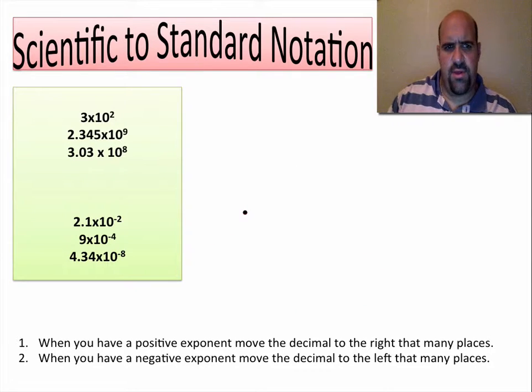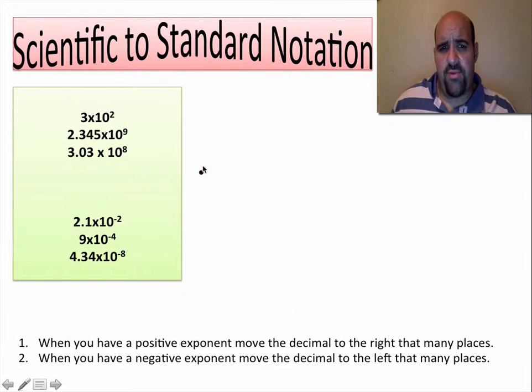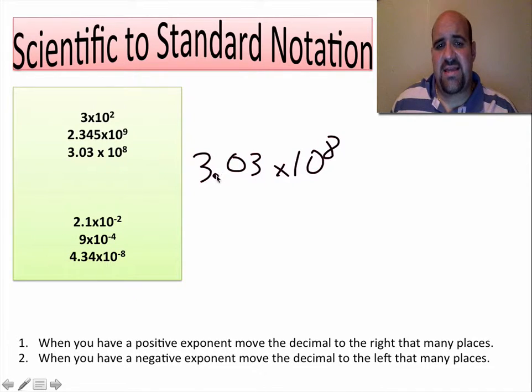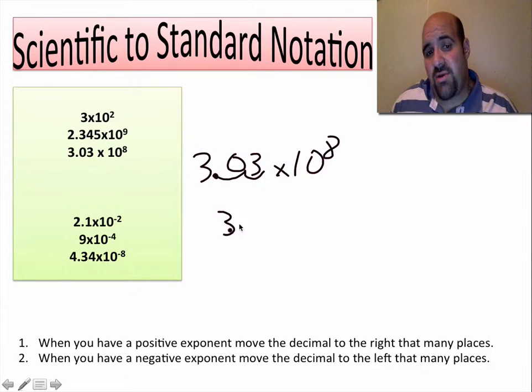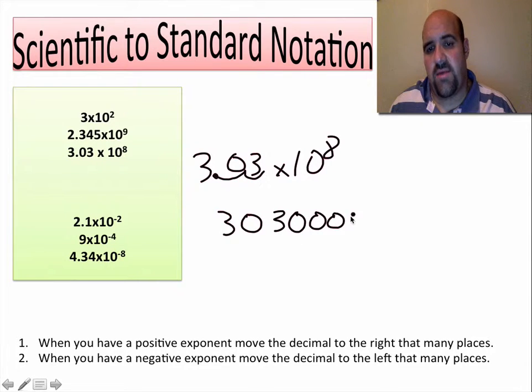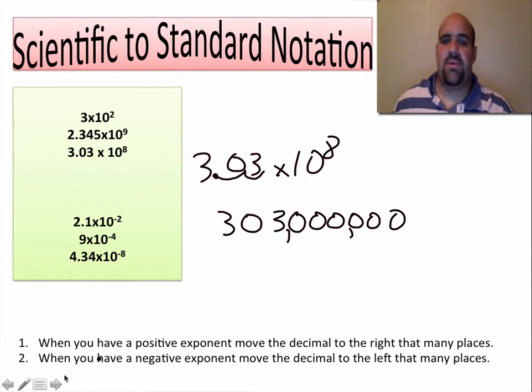And again, just to do the third one, 3.03 times 10 to the eighth. All we're going to do is take this decimal point and move it over 8 places to the right. 1, 2, and I have to add in 6 more zeros. 303 and 6 zeros. That's the number, 303 million. It is as simple as that.